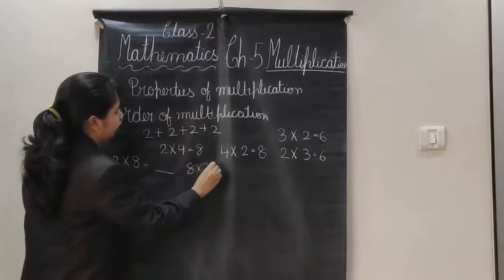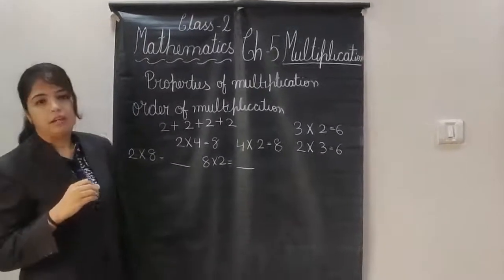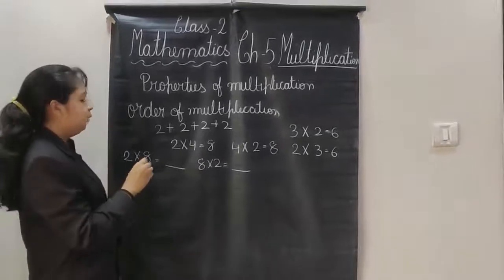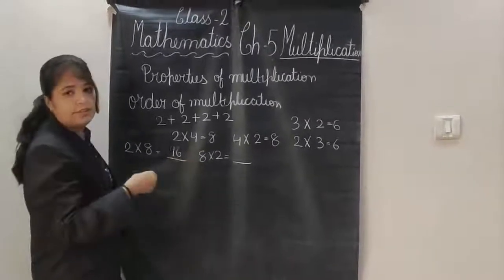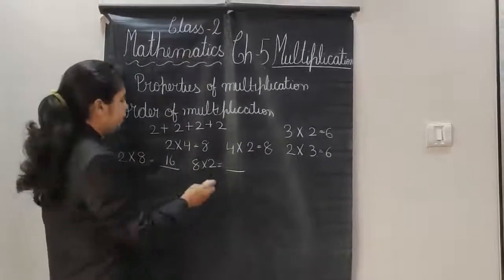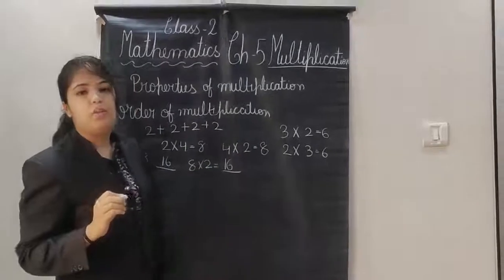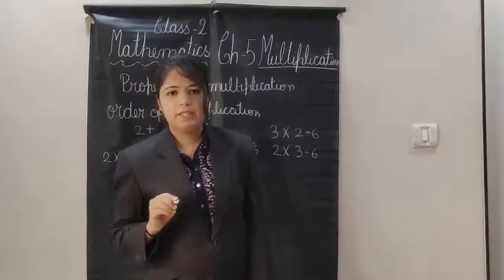Suppose I don't know the table of 8. So what will I do? I will count the table of 2 until 8. So 2 eights are 16. And if I change the order, then the answer will remain the same, right? So keep in your mind, whenever we change the order, the answer will always remain the same.